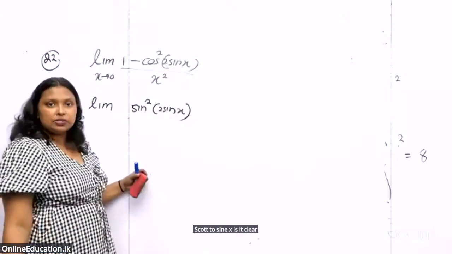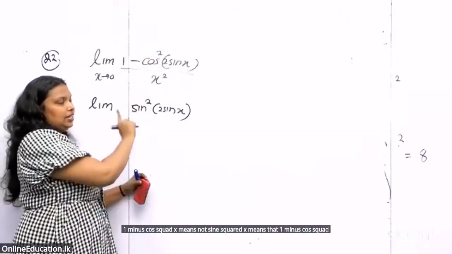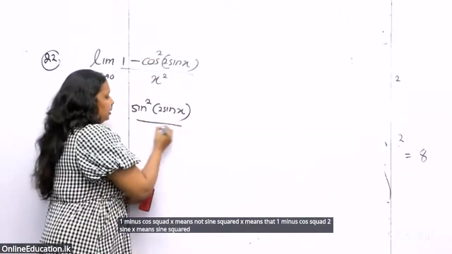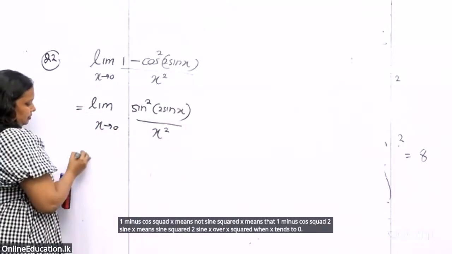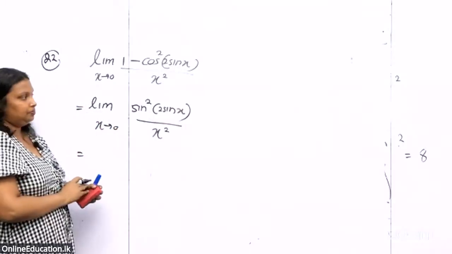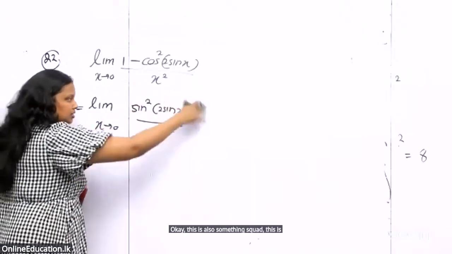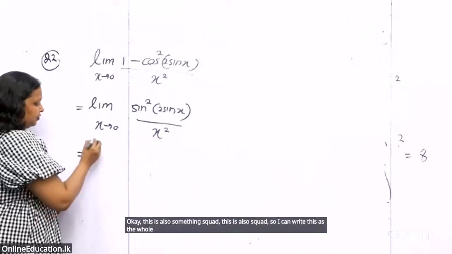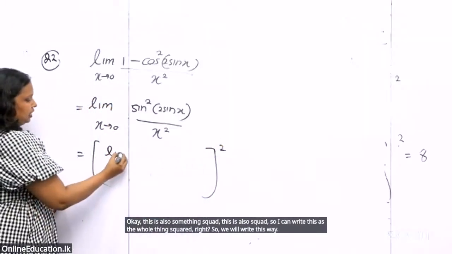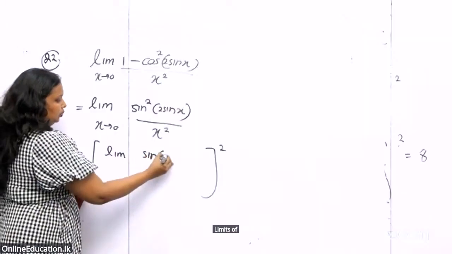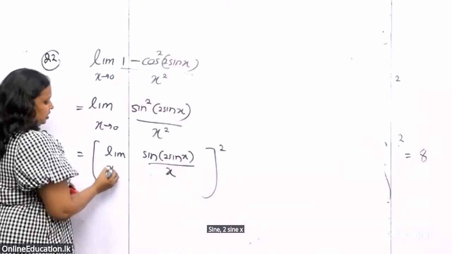1 minus cos squared x means what? Sine squared x, same as that. 1 minus cos squared 2 sin x means sine squared 2 sin x over x squared when x tends to 0. Okay, this is also something squared, this is also squared, so I can write this as the whole thing squared, right? So we will write this way: limits of sine 2 sin x over x when x tends to 0.